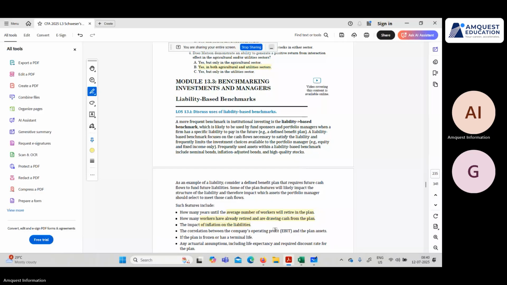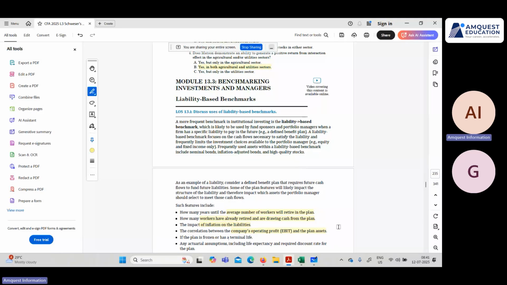Right. The correlation between the company's EBIT and the plan assets. Again, you have assets and then you calculate the present value of liabilities and then you decide what's my fund status, if it is overvalued or undervalued. But think about this. Let's say you realize that the fund is undervalued, or basically it is a deficit and you need to put in more money.